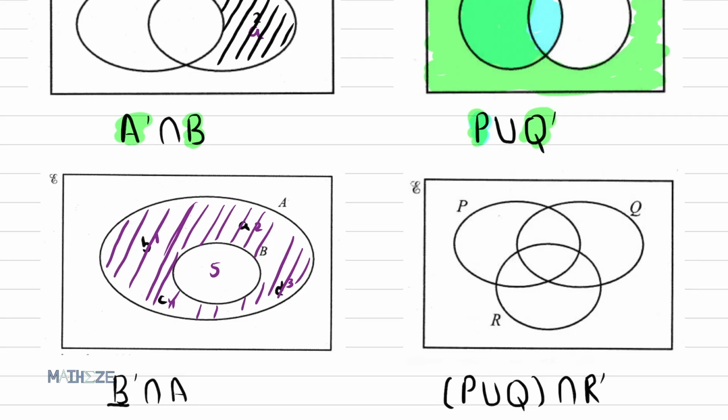Now it says P union Q. What does P union Q mean? Entire P, entire Q. And there is intersection involved in the question. Okay. So in entire P and Q, let's write letters. Do you get this? Then it says intersection R complement.